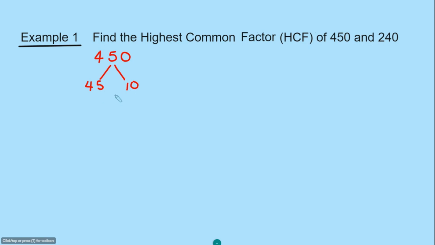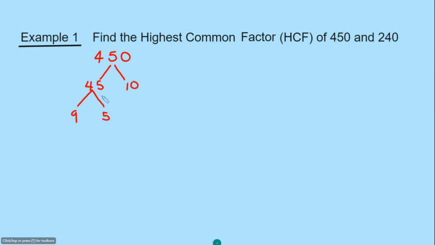Good. Now, if you look at 45 and 10, these two numbers are not prime numbers, so I'm going to split them up again. But first with 45. If I split 45 this way, I can have 9 and 5.